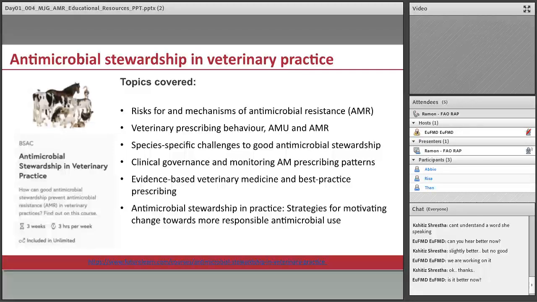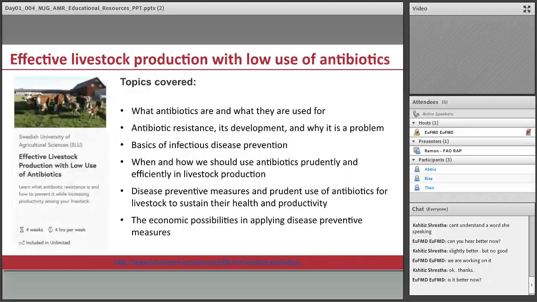It's easier when you yourself, as a practitioner, are convinced of what is right and what is wrong as a practice, and how you can factor in effective treatment, good economics, as well as public health concern. There's also a free lecture on effective livestock production with low use of antibiotics.